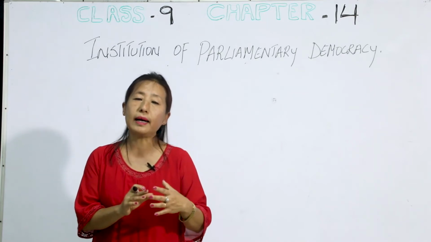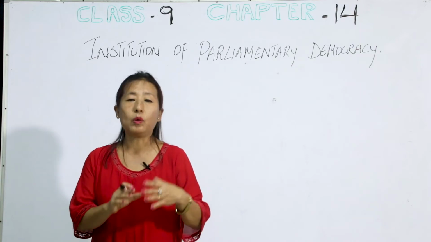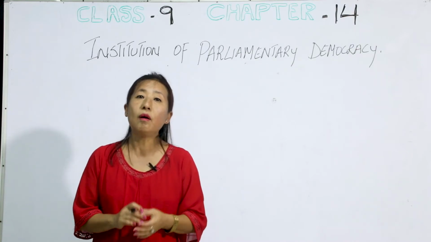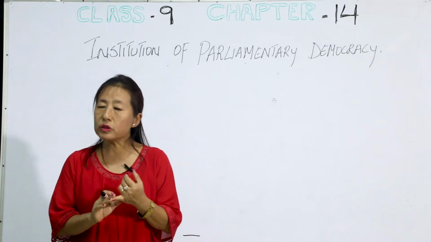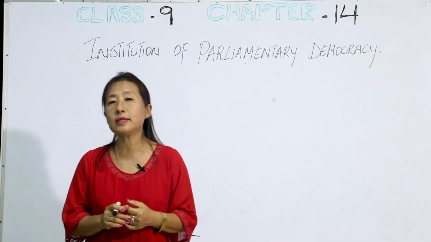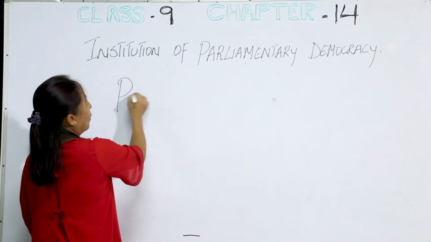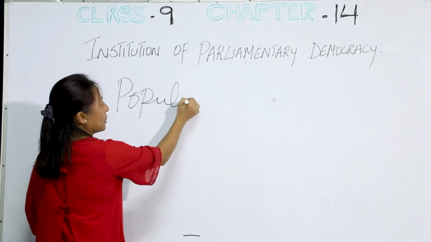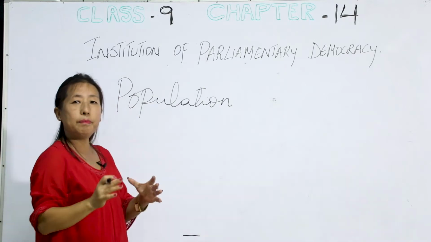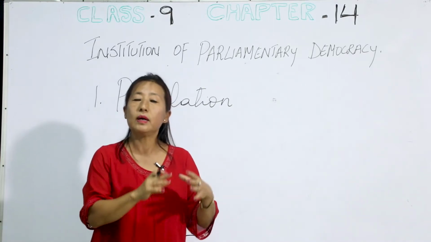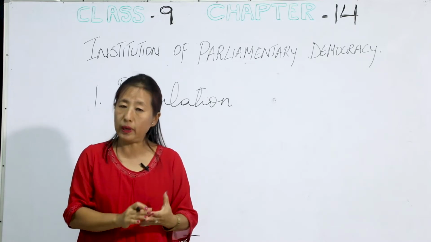The 4 elements are also called the 4 pillars of the state. First, in your textbook, it is written as population. When we talk about population, we are talking about the people living in that state. So the first element of the state is the population.